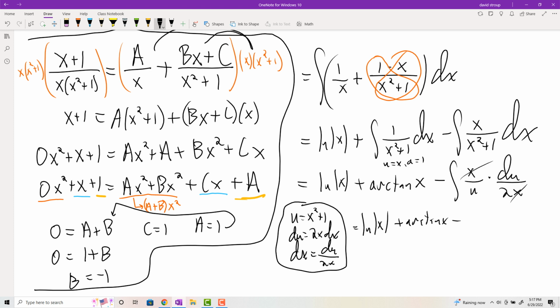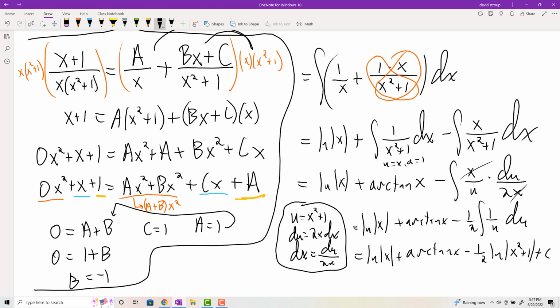So I get rid of these x's, factor out the 1/2, integral 1 over u du. Of course, that's the ln of the absolute value of u. Back subbing, you get x squared plus 1.